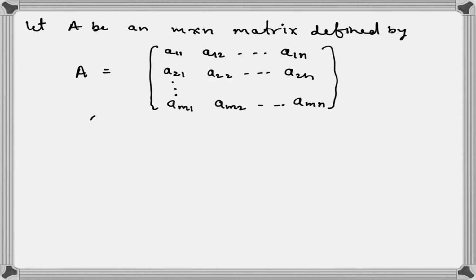So this is how we define a matrix. In short, we write A as a square bracket Aij.